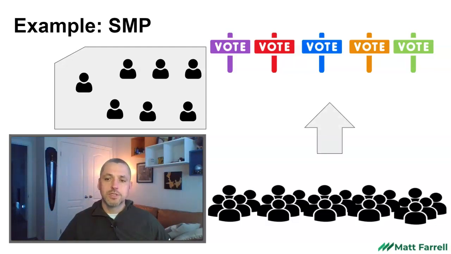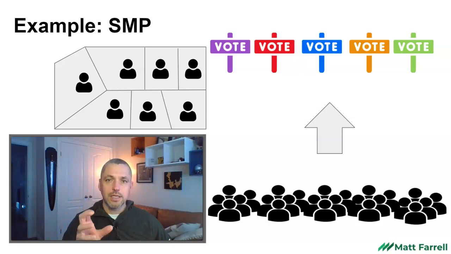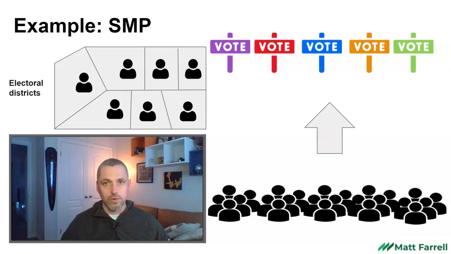Now, voters don't just vote for their favorite political party, because in a single member plurality system, the region is divided up into geographic units. And each of those units will have a seat that is contested by all parties. So all the parties will compete to win each of these electoral districts.